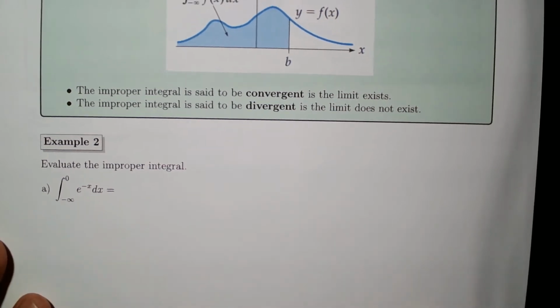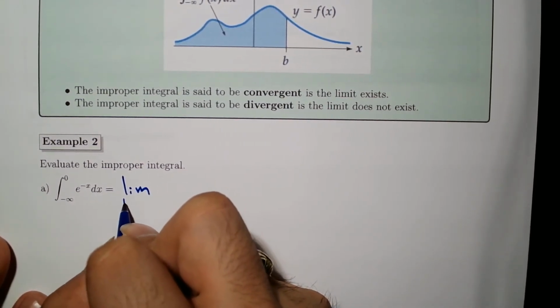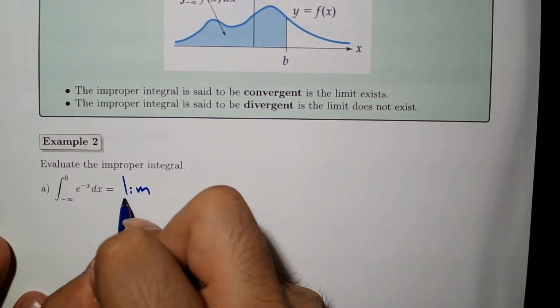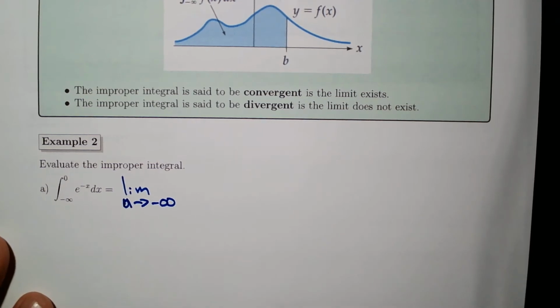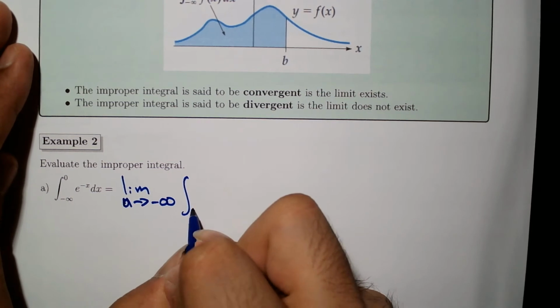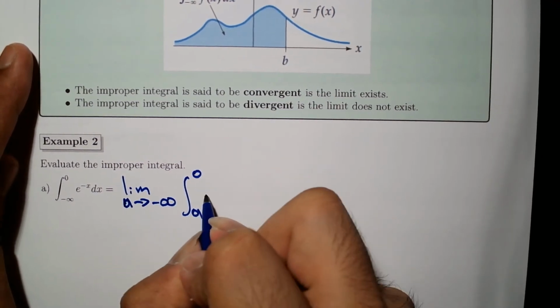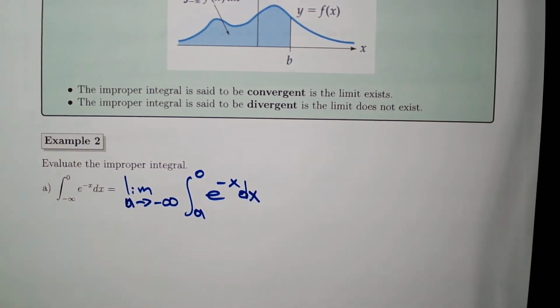So let's write this into limit notation. In this case, I'm going to write a because that's going to be our lower limit of integration. And then write the integral from a to 0 of e to the negative x dx.